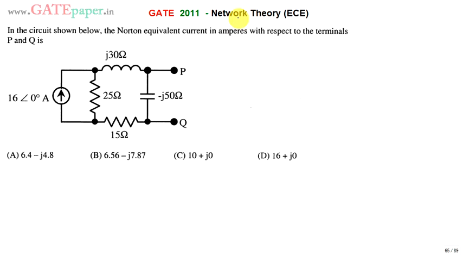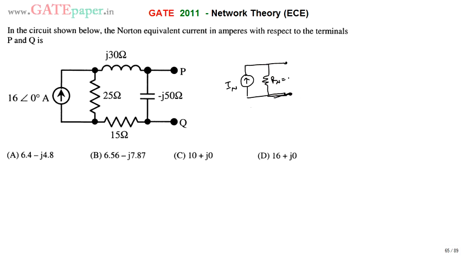Norton equivalent current is related to Norton's theorem, and Norton's theorem says that any linear bidirectional circuit consisting of a number of active and passive elements can be replaced by a single equivalent circuit consisting of an equivalent current, called the Norton current IN, in parallel with an equivalent resistance, that is Rn.